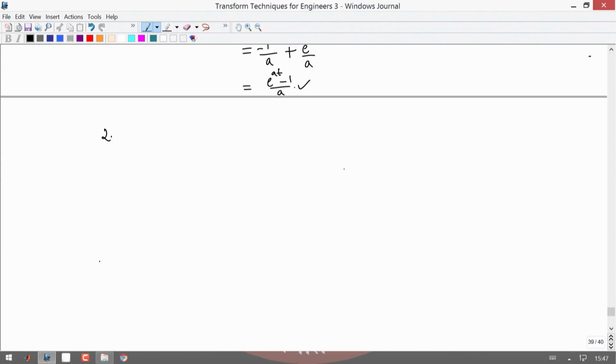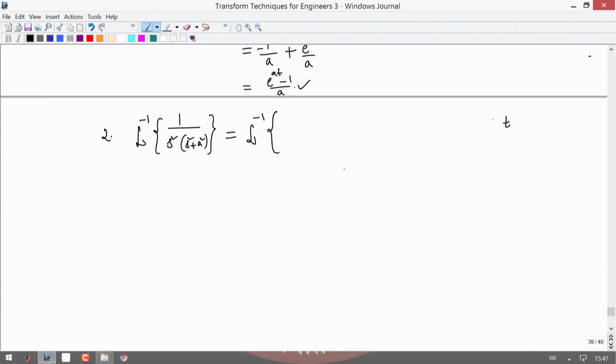Now, the second example: what is the inversion of 1 over s square times s square plus a square? This is the Laplace inversion of 1 by s square. What is the Laplace transform of t?